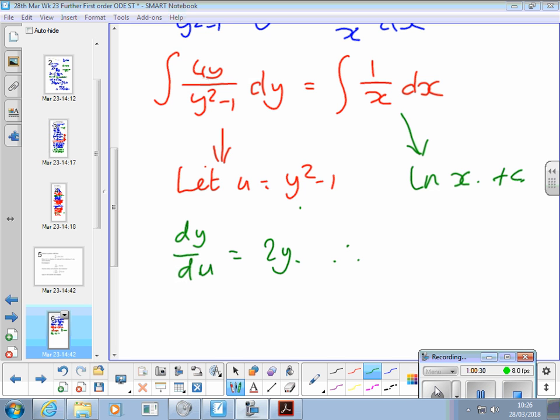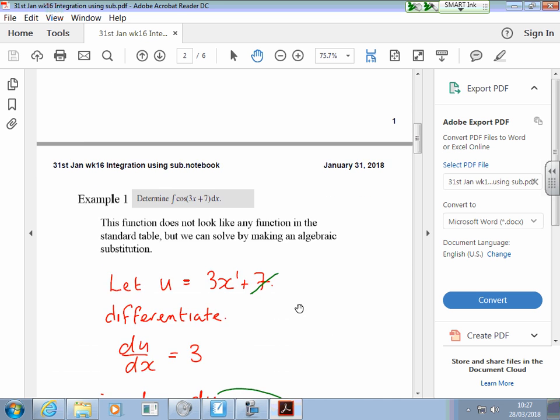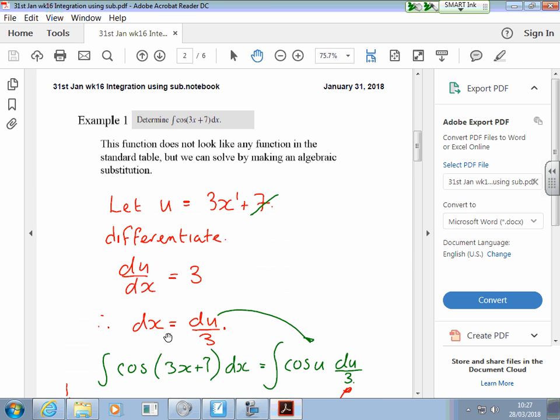Therefore dy is equal to... Does that help? Check the process. We rearrange it.